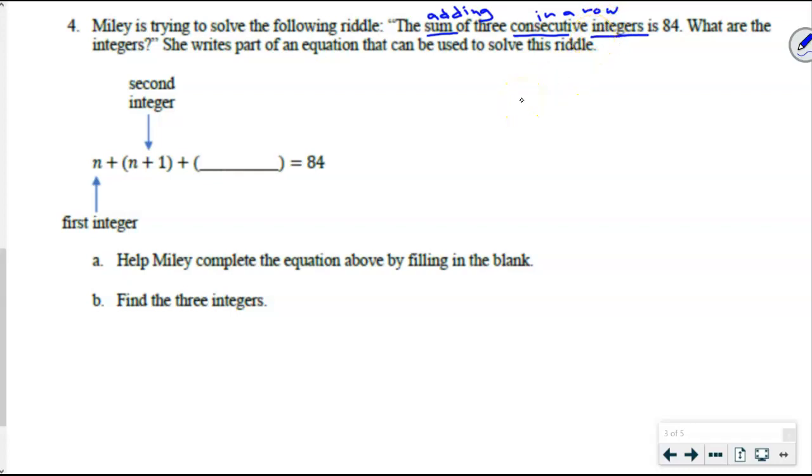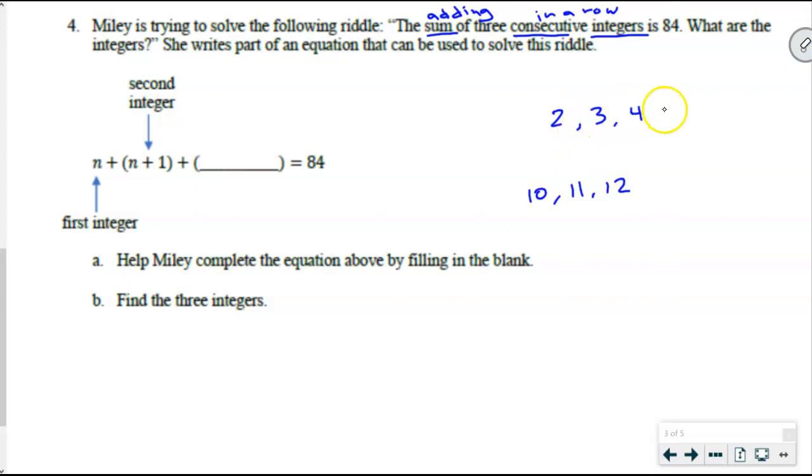Integers are whole numbers, their negative counterparts, and 0. For example, if I'm looking at 3 consecutive integers, and I'm starting with 2, the next integers would be 3 and 4. If I'm starting with 10, the next integers would be 11 and 12.